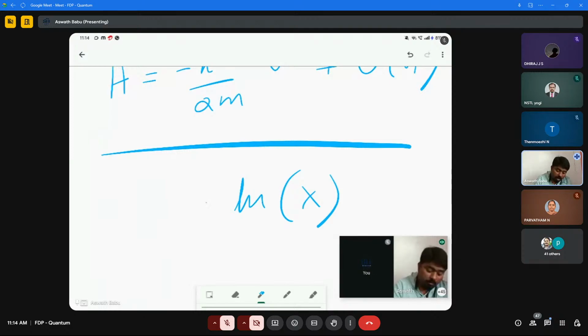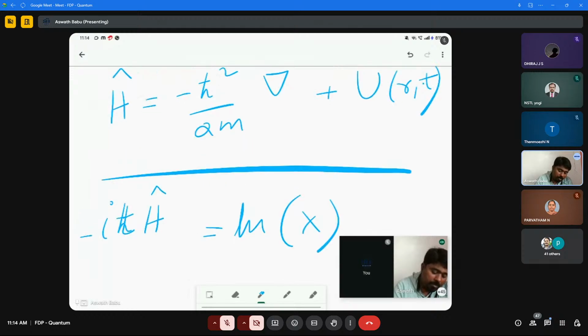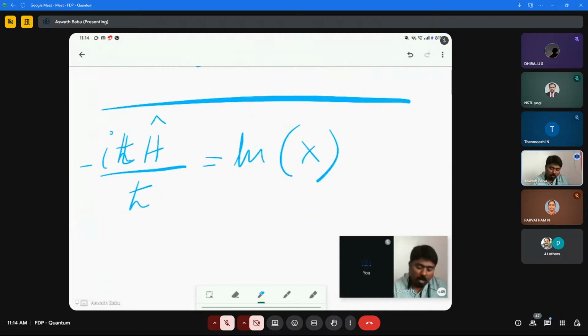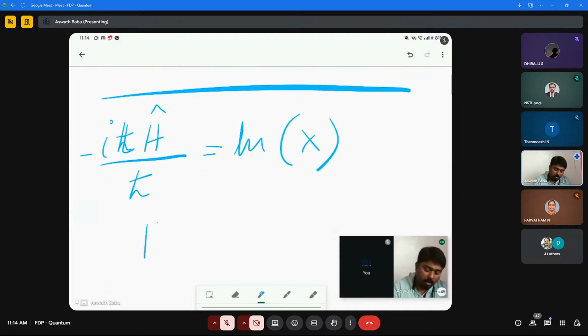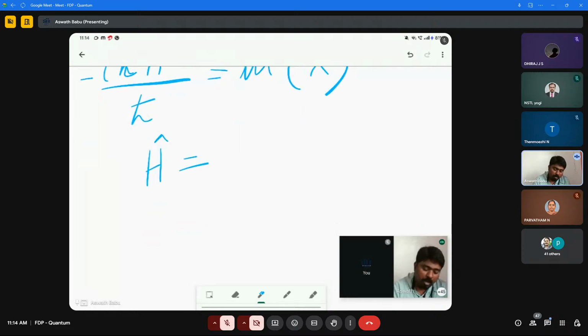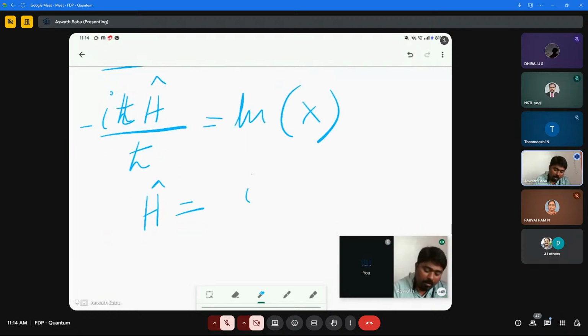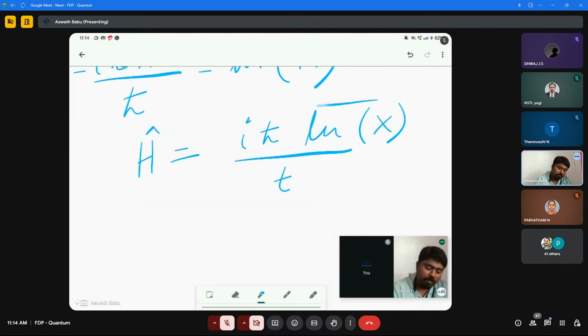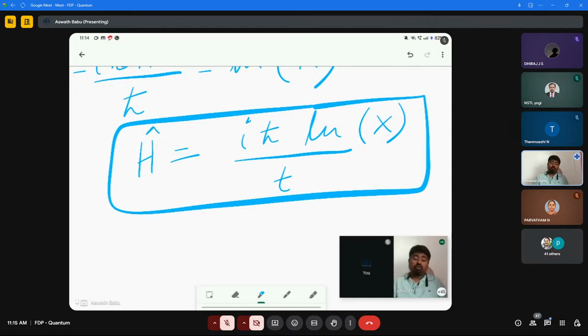On the left hand side, you have minus i H cut, sorry, i H T divided by H cut. Now, send everything to the right. The Hamiltonian is going to be i into H cross log of X divided by T. This is your Hamiltonian. So for every gate there is a Hamiltonian.